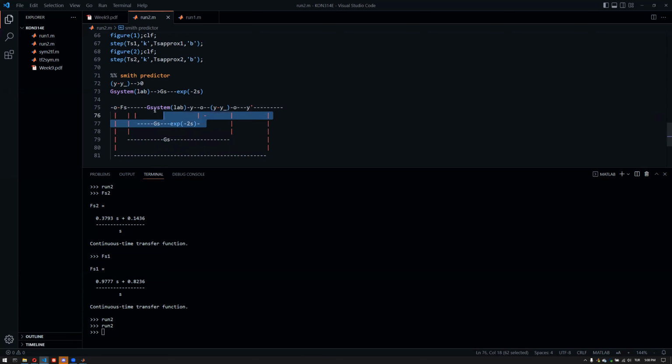So you have a loop where you compare basically your model and the system in the laboratory. You take the difference, you add the non-delay part, the minimum phase part, the part which has no delay in it. You add that part, then you take that output as your measurement and feed it back to the system.